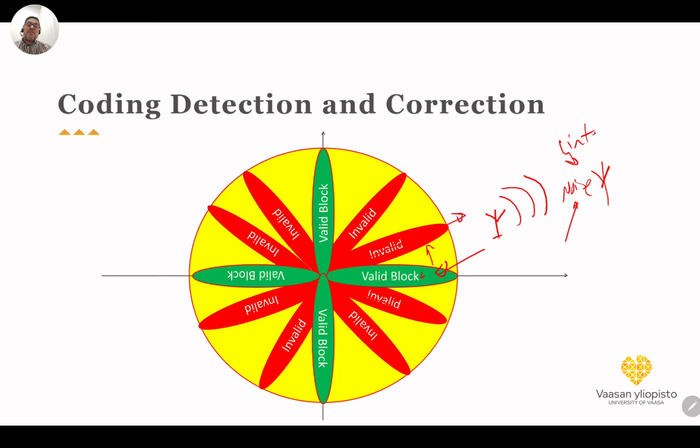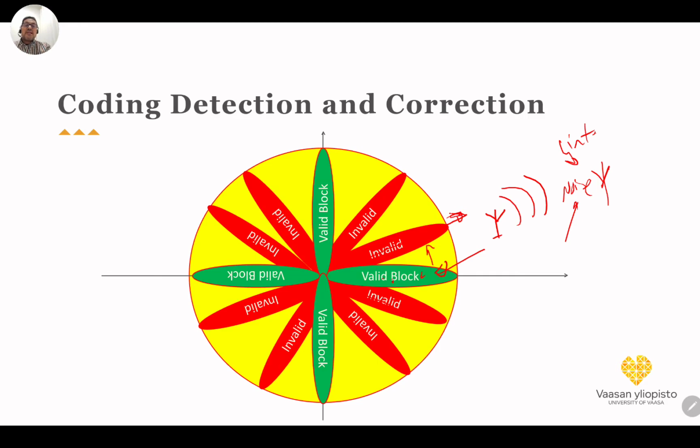We know at the receiver that this block is invalid. What we can do is measure the Hamming distance between this received block and the other valid blocks. We know that our coding capability is able to correct only one error, so the only valid block which has a Hamming distance of only one is this one.